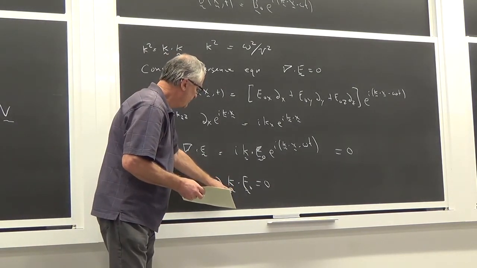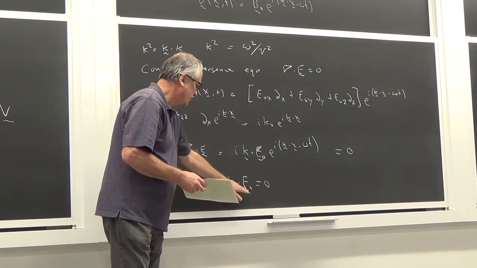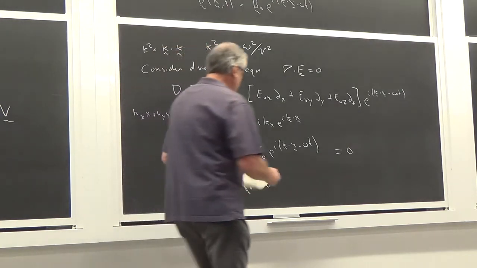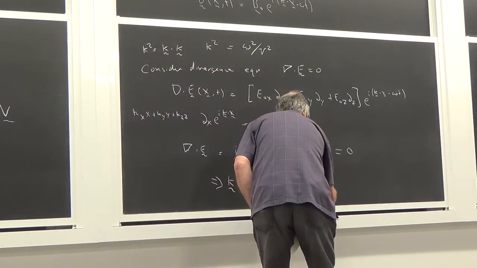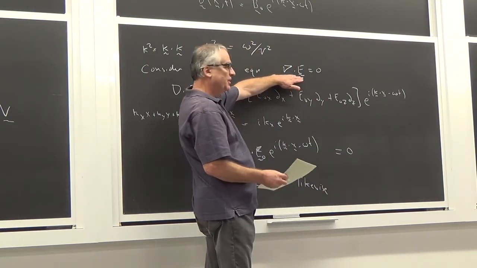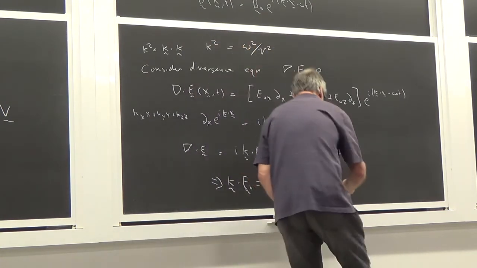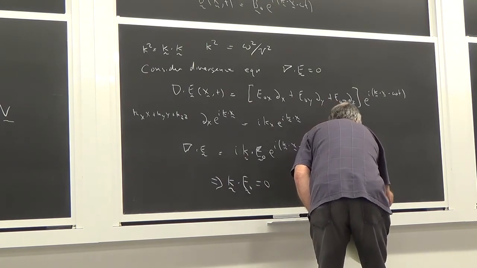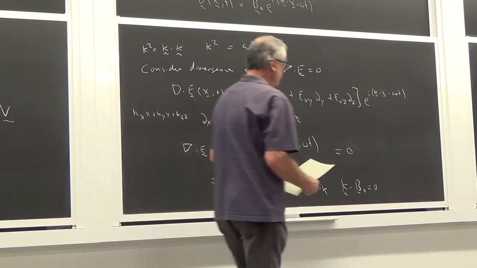So the direction of propagation is perpendicular to the direction of the electric field. Likewise, I could have started with del dot B equals 0, and I would find that k dot B naught is equal to 0.